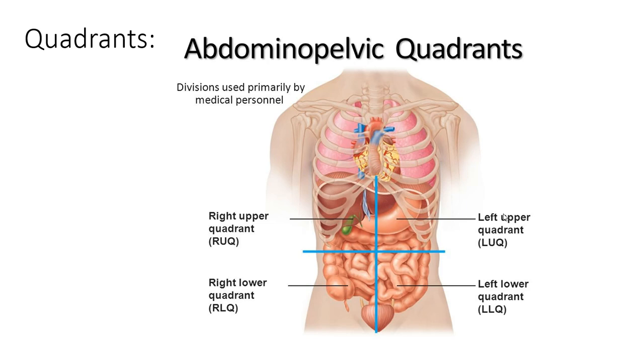You have your left upper quadrant, left lower quadrant. Remember, in the anatomical position, your right side is the left side of the specimen or the body. You have your right upper quadrant, right lower quadrant. And in the anatomical position, your left side is the right side of the body or the specimen.